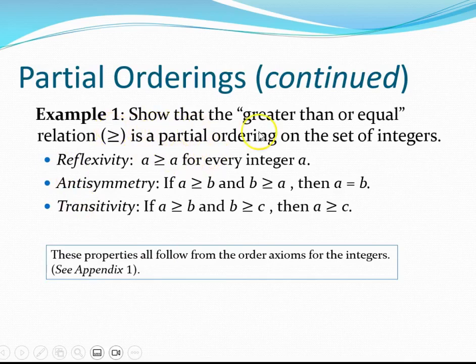Members of S are called elements of the poset. Example 1. Show that the greater than or equal relation is a partial ordering on the set of integers. Reflexivity: a is greater than or equal to a.